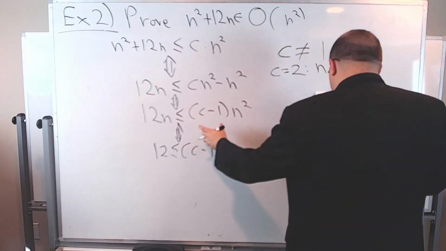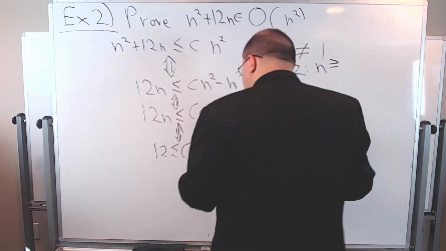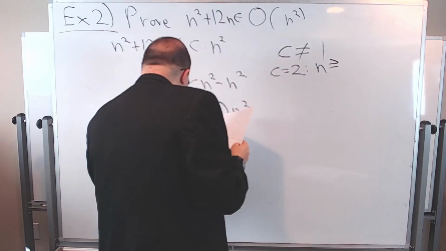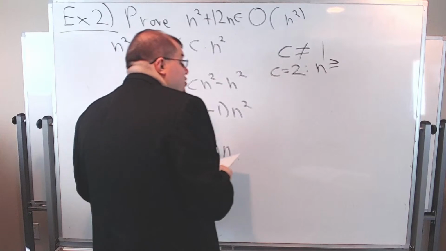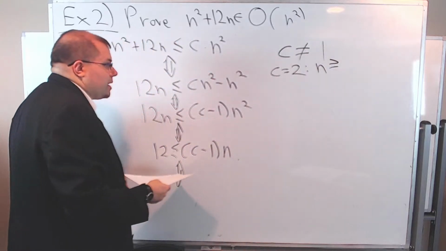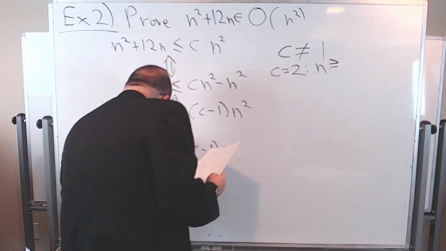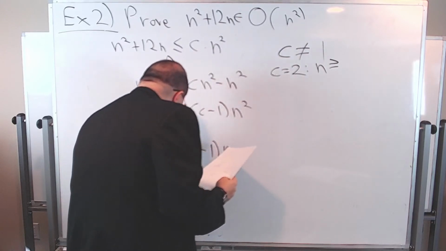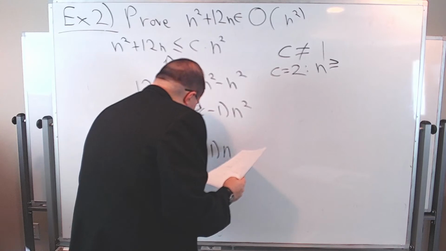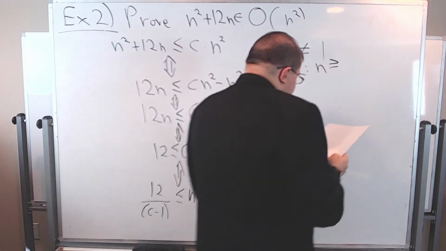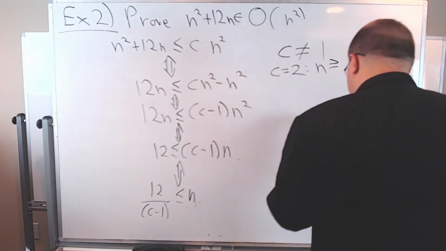I'm going to divide both sides by c minus 1, which should be valid to do if c is in fact greater than 1. So I have 12 over c minus 1 is less than or equal to n.